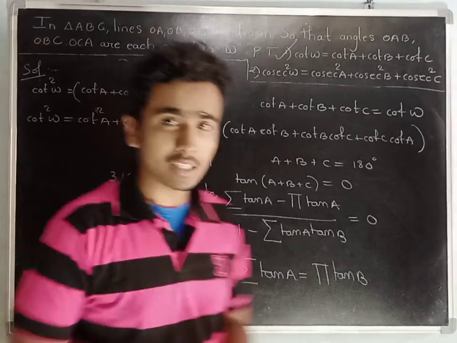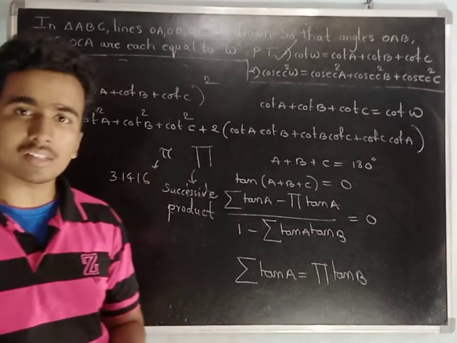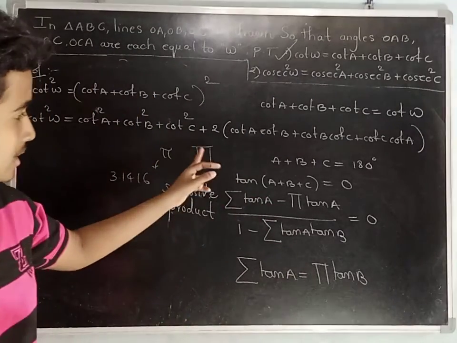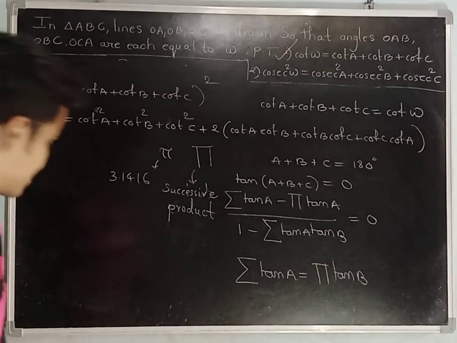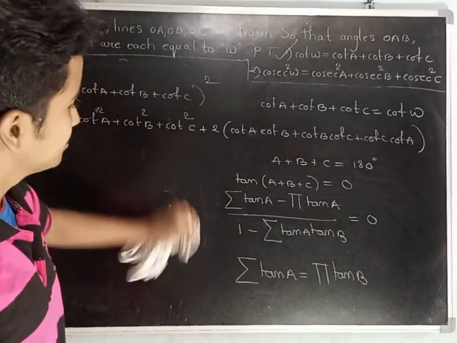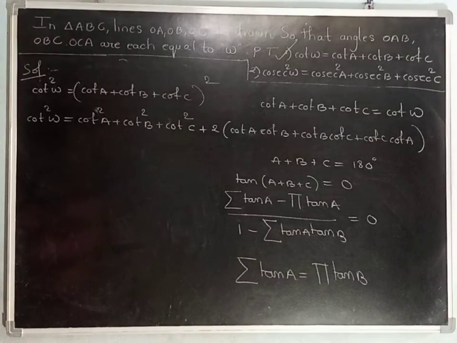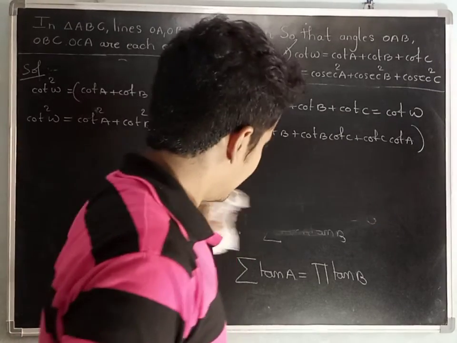As sigma is a notation for a summation of all the numbers, similarly, capital pi is nothing but the product of all the terms. It's just a small difference. Let me erase this part.